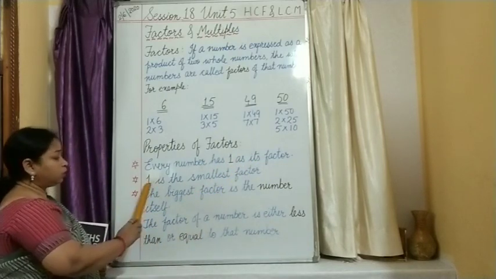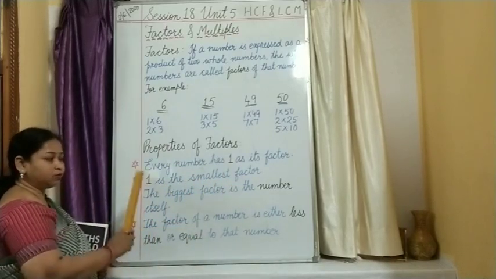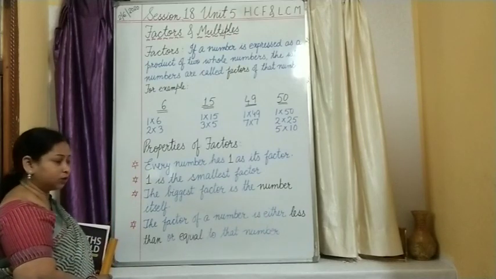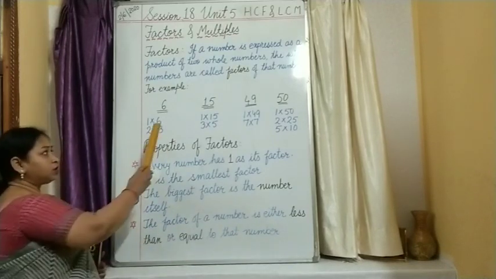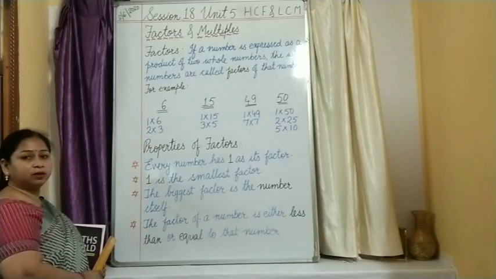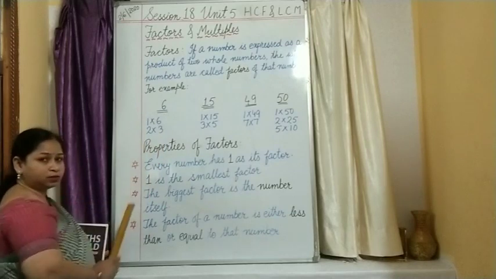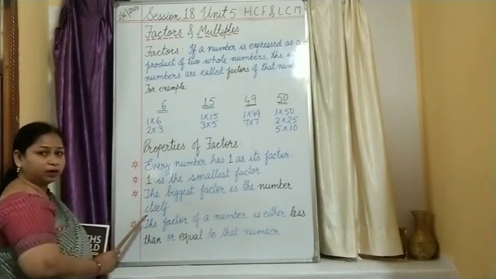Next property: 1 is the smallest factor. The first property says that every number has 1 as a factor. The second property says that 1 is the smallest factor. Children, what are the factors of 6 here? We have found right now 1, 2, 3, 6. Which one is the smallest? 1.